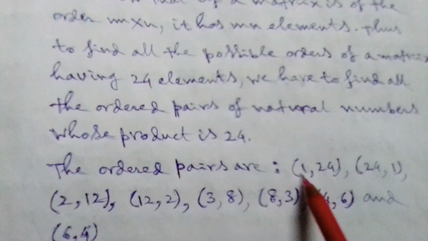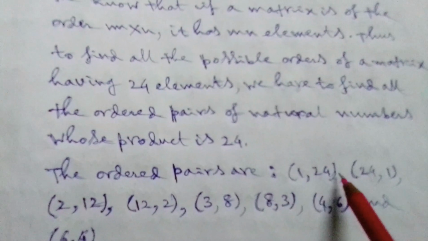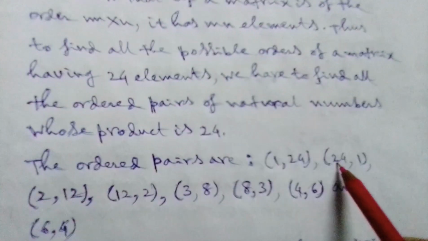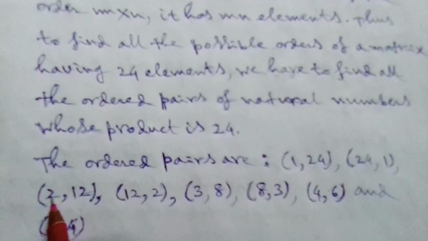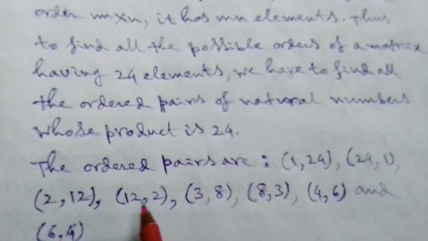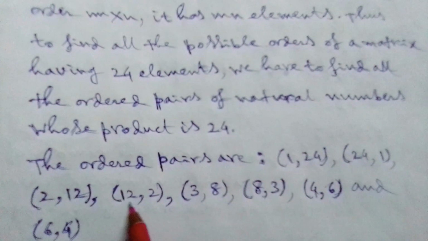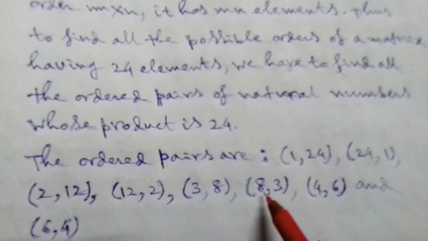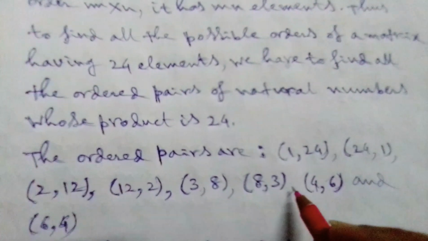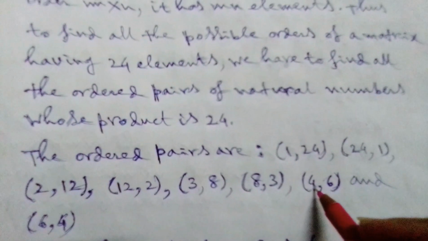That signifies the number of rows is 1, columns is 24. The opposite, rows is 24, column 1, then rows 2, columns 12, and rows 12, columns 2. Here rows is 3, columns 8, and rows 8, columns 3. Here rows is 4, columns 6, and rows 6, columns 4.